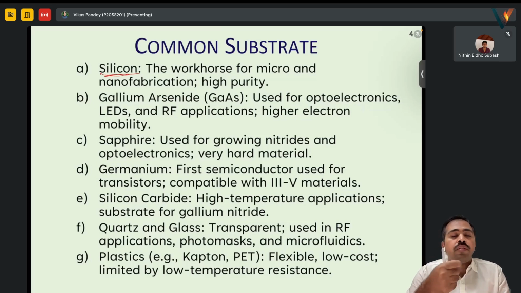That is one of the biggest reasons we work with silicon so commonly, and it can be considered the workhorse for micro and nanofabrication.